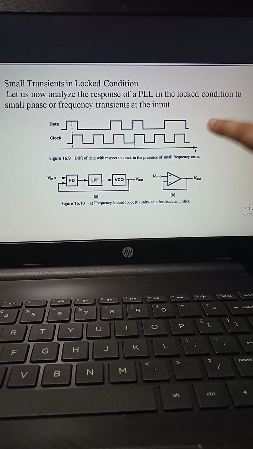As shown in the first figure, even a slight difference between the data rate and the clock frequency results in a drift, creating an error.